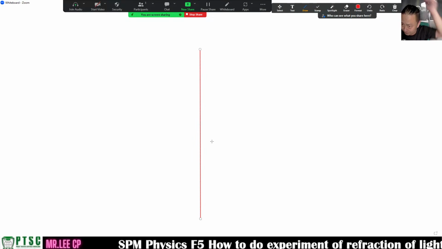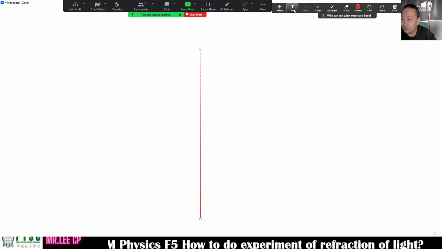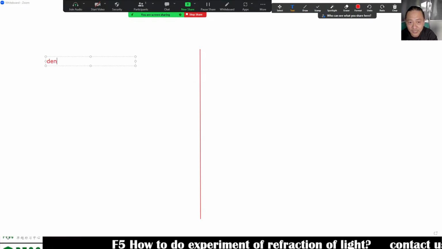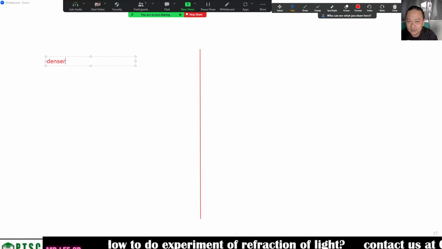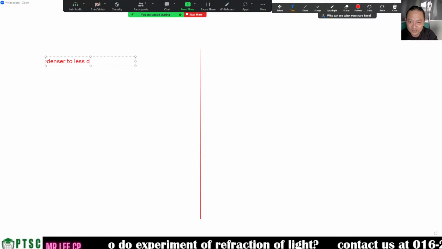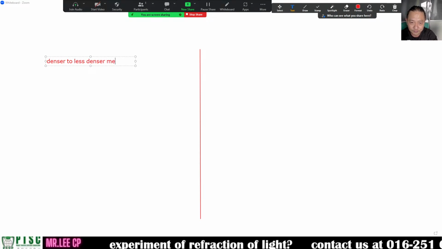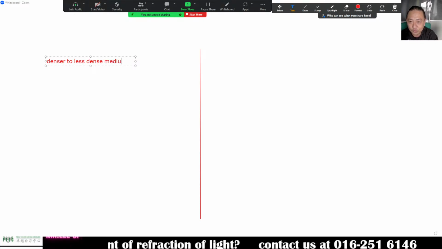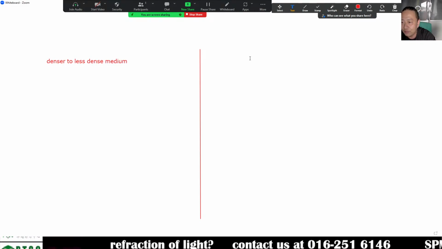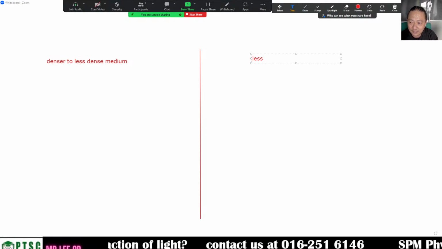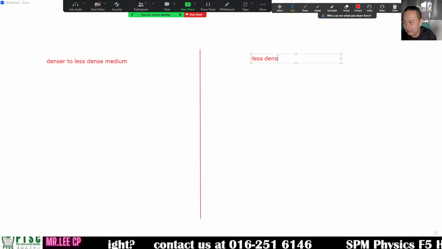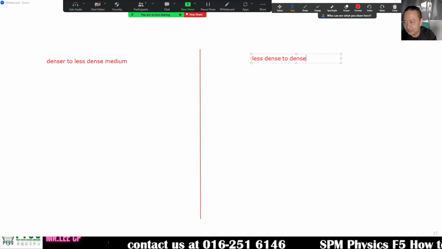So I put it into these two ways: denser to less dense medium, and less dense to denser medium.